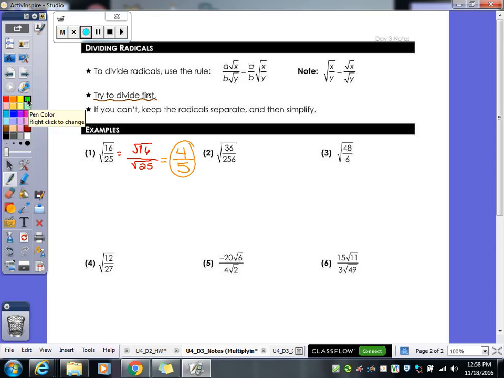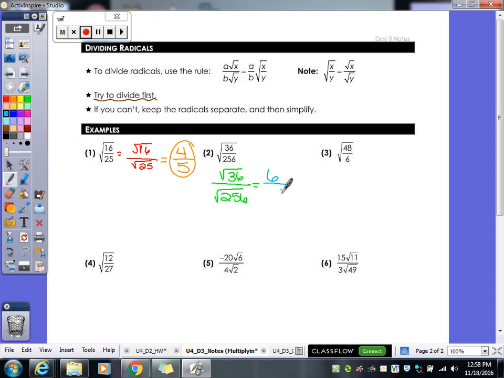So for number 2, can I divide 36 by 256? No, we'll get a decimal again, so I'm going to separate them. Square root of 36 over the square root of 256. Is 36 a perfect square? Yeah, what do we get? 6. How about 256? Well, try it in your calculator first.